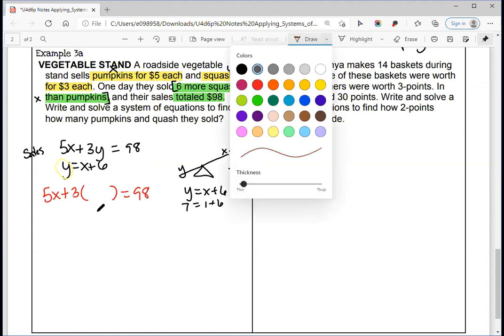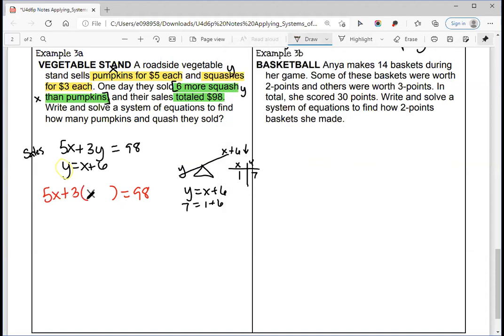So make sure that you do it correctly. And then I'm going to replace Y with everything that it's equal to, right? And we're going to distribute 5x plus 3x. So 3 times x is 3x, and then 3 times 6 is 18. Right? We combine our like terms, 8x.